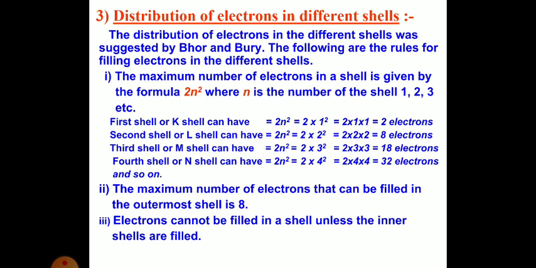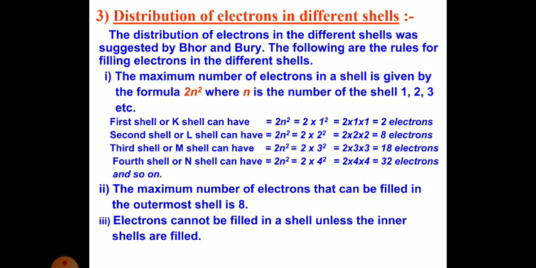Suppose, students, for the first shell, the K shell, we can calculate the electron capacity. According to the formula, if you substitute n as 1 for the K shell, you will get the capacity of electrons present in the first shell, that is 2n square.